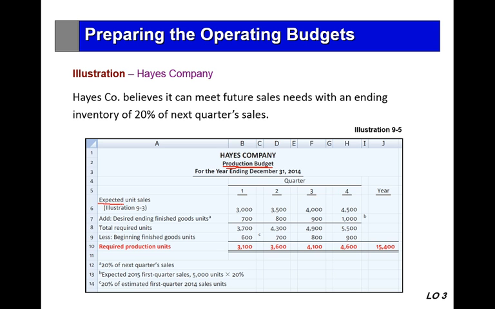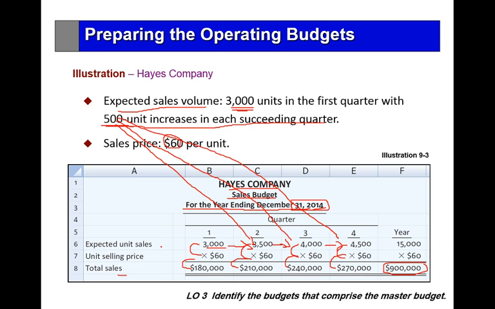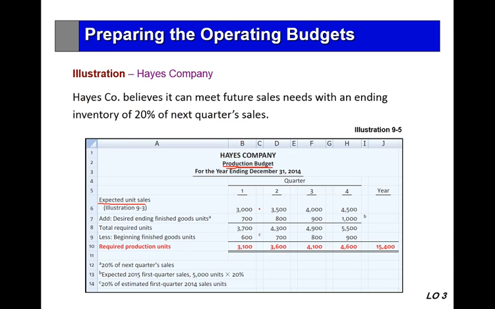The first step in preparing the production budget is to start with expected unit sales, which is from the previous slide, from the sales budget. Expected unit sales 3,000, 3,500, 4,000, 4,500, and we have here 15,000 units.